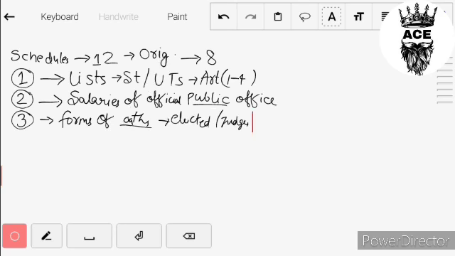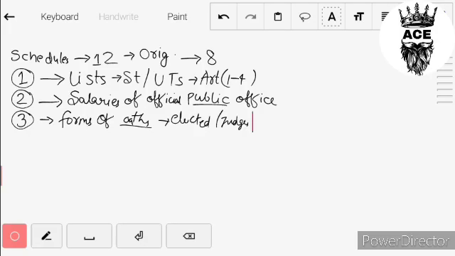You might be thinking that in schedule number 2 and schedule number 3 I have not discussed the articles, because there are many articles dealing with the salaries and oaths. When we discuss polity in detail, we will discuss that also. In schedule 2 you will get article number 59 clause 3, 65 clause 3, 75, 97, 125, 148.